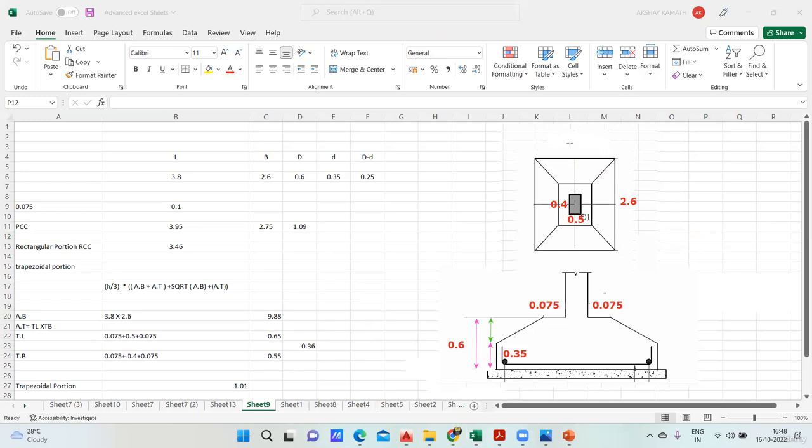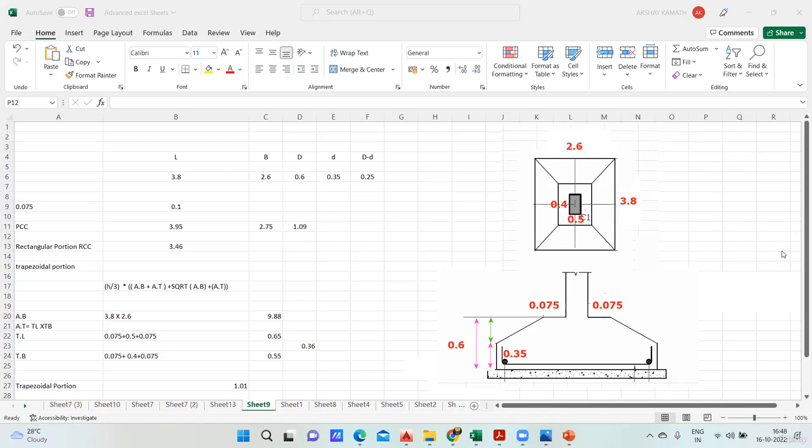So I'll make this 2.6 and I'll make this 3.8. This is the length side and this is 2.6, the breadth side.